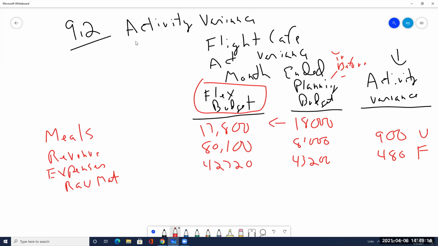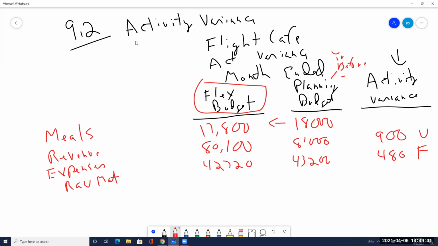Now, this is where these flexible budgets come in handy, and we're going to see this on the next problem when we add one more item. It'd be very easy if the actual numbers came in at 42,720 and somebody says, hey, look at this, I'm such a great manager. My expenses for raw materials were less. They were favorable.